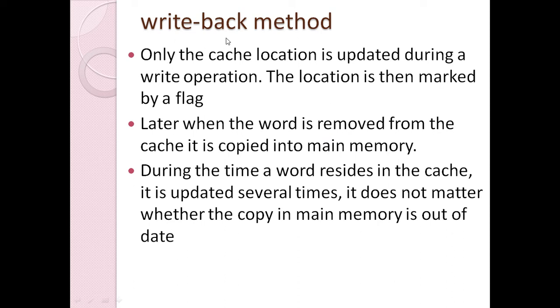This is called the write back method. During the time the word resides in the cache, it is updated several times. It does not matter whether the copy in main memory is out of date. As long as it remains in the cache, we keep updating the cache only. And when the word is removed from cache, the final value is stored in main memory. This is called the write back method.